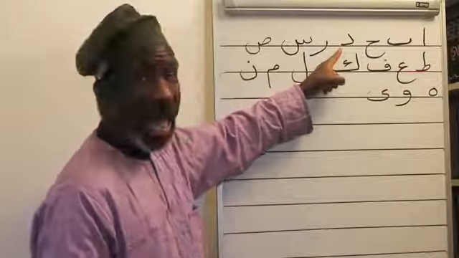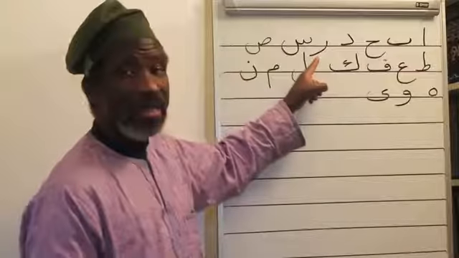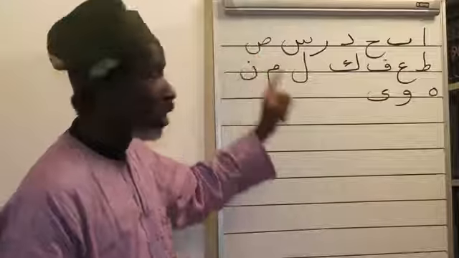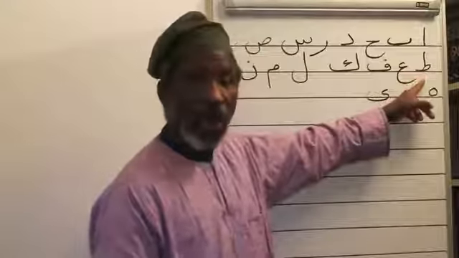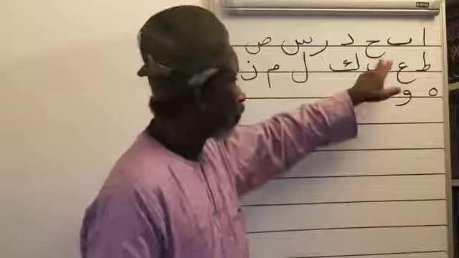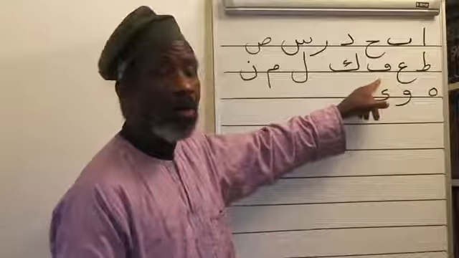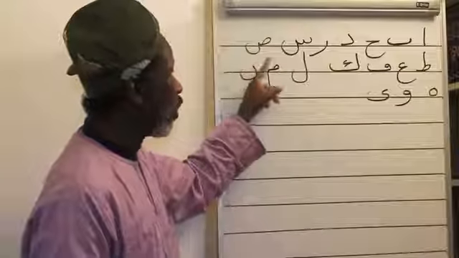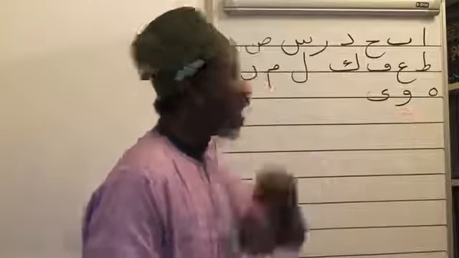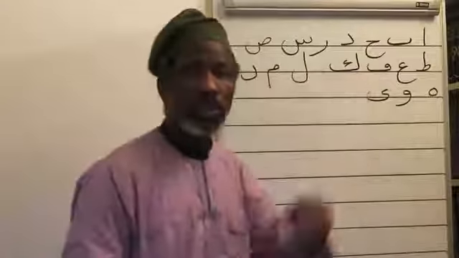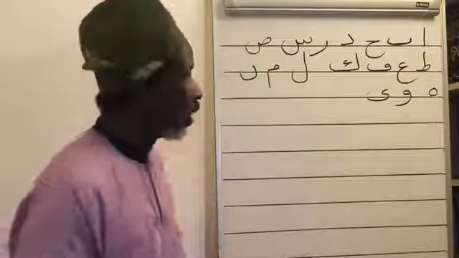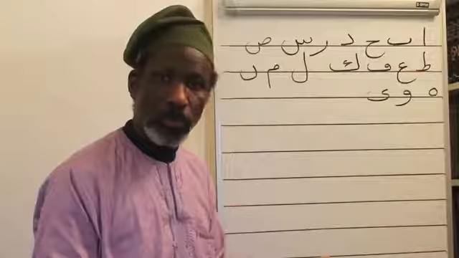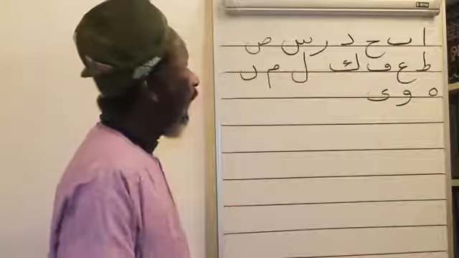This one you make dal and dhal, ra and zain, sin and shin, sad and dad, ta and dha, ain and ghain, fa and qaf, kaf, lam, mim, noon, ha, waw, and ya. These are your original base shapes. So if you know them, you just need to know how many dots and where to put them.